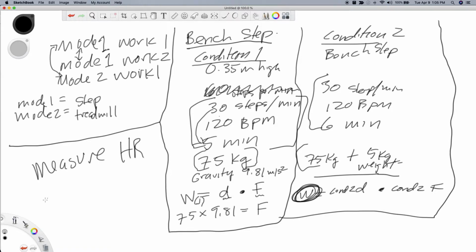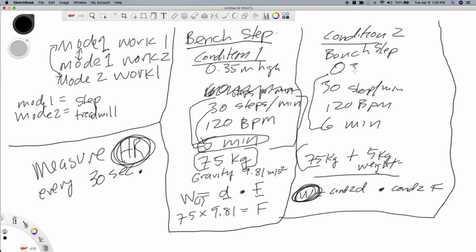And what we're going to look at is, what is your heart rate at 30 seconds, 60 seconds, 90 seconds, 120 seconds across this 5-minute period when you do a 0.35 meter bench step at 30 steps a minute for 5 minutes, and then what is the heart rate when we make these changes.